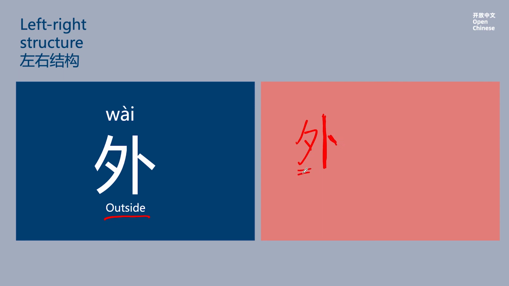When the sun goes down, you close your door, and this little hand or little person is outside. So outside, right? In the evening, you have a gate, lock people outside. 外, outside.